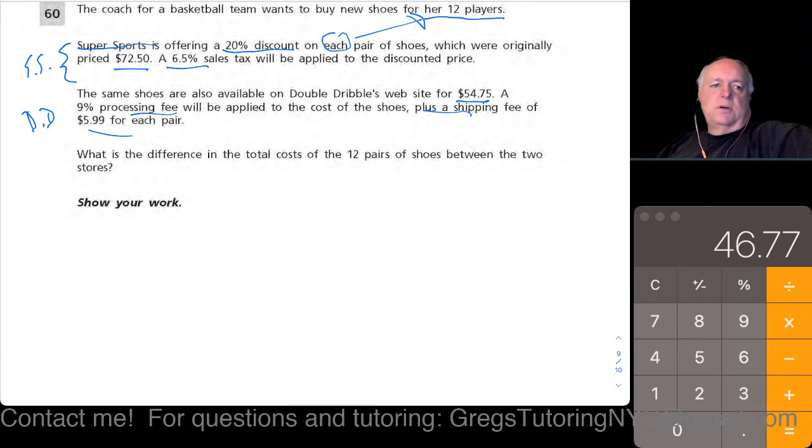So Super Sports involves a discount and sales tax. Double Dribbles has a processing fee and a shipping fee. And then finally they ask, what is the difference in the total cost of the 12 pairs? So at least they give this to us as kind of a heads up between the two stores. And remember, difference means subtraction.